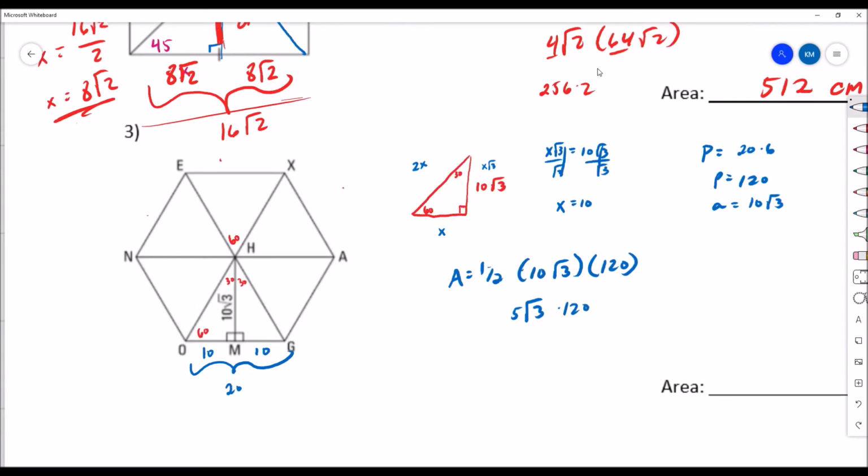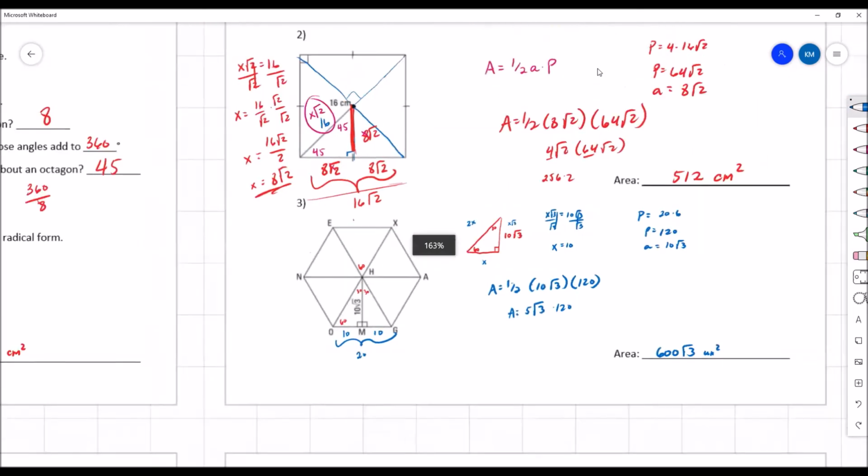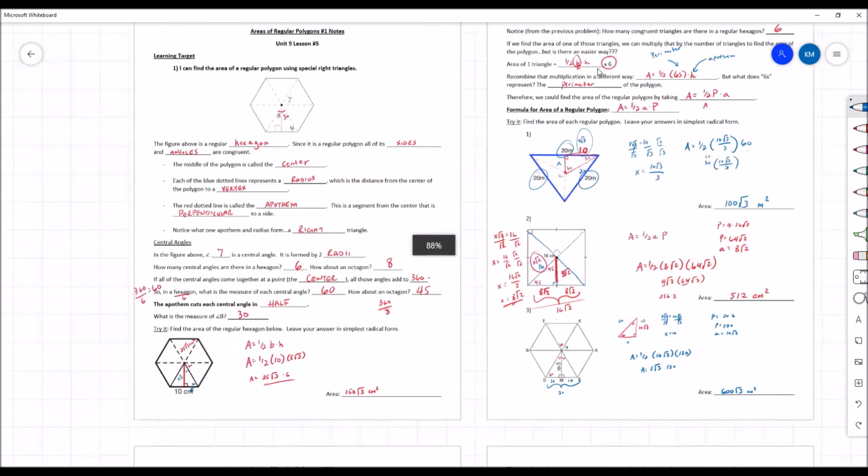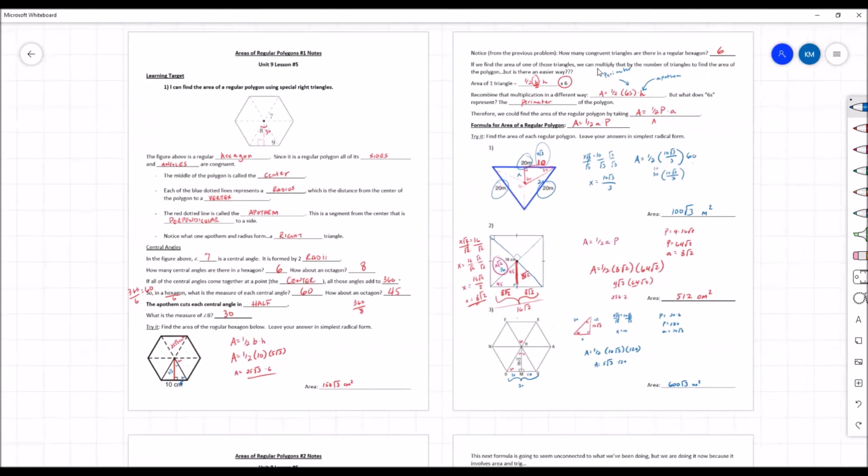And so we have 600 radical 3. Did they give us units? They did. So I'm just going to say units squared. All right. So that's area of a regular polygon using special right triangles.